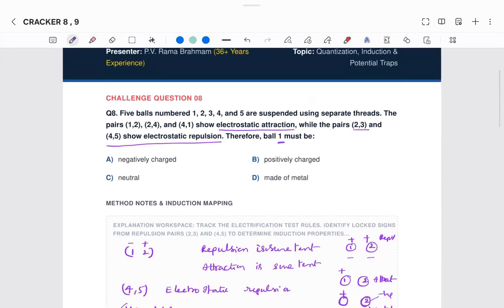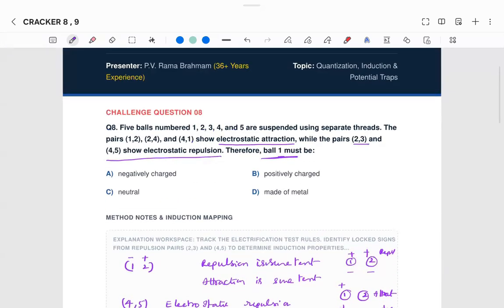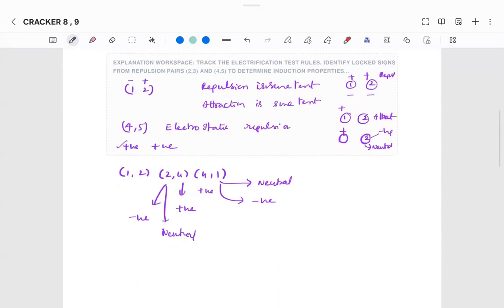Actually, what we have to decide is the charge on the first ball. Okay. 4 positive. These two balls also he is saying attract. Here also there is a possibility that 2 is negative or neutral. But he mentioned that 2 comma 3 repel. Repel is possible if both are positive or both are negative.